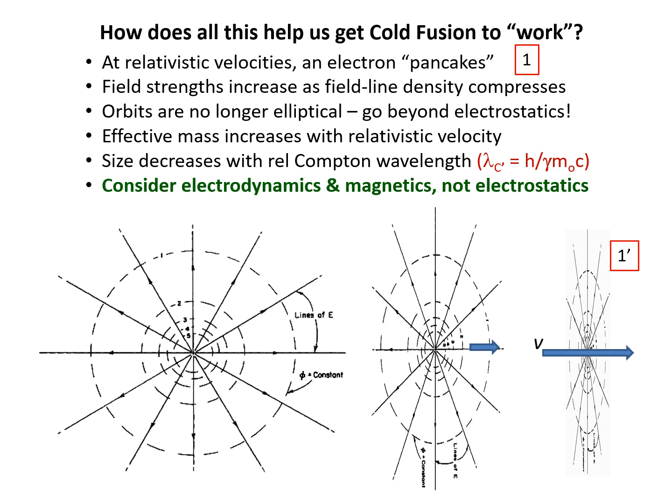Orbits precess, their potentials go beyond electrostatics. Effective mass increases with relativistic velocity. Size decreases with relativistic Compton wavelength. We need to consider electrodynamics and magnetics, not electrostatics.